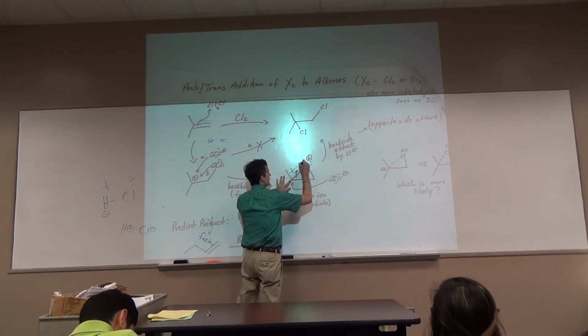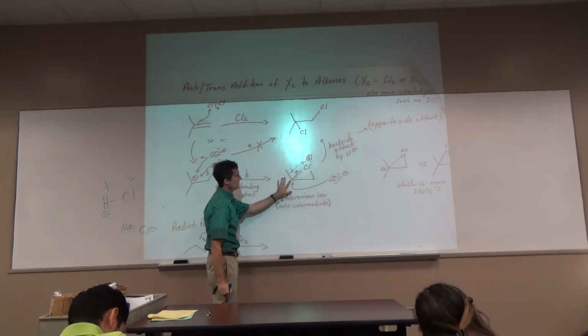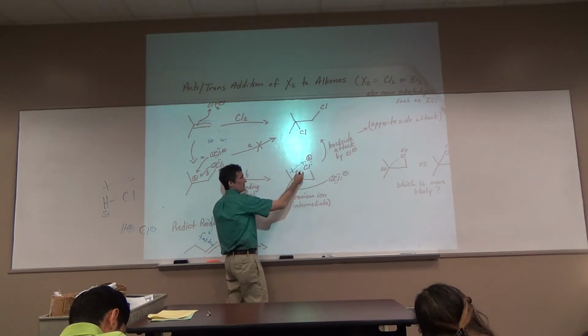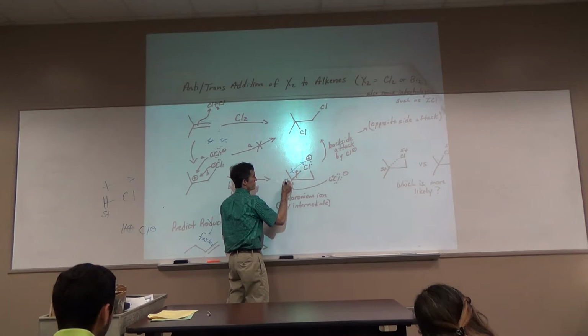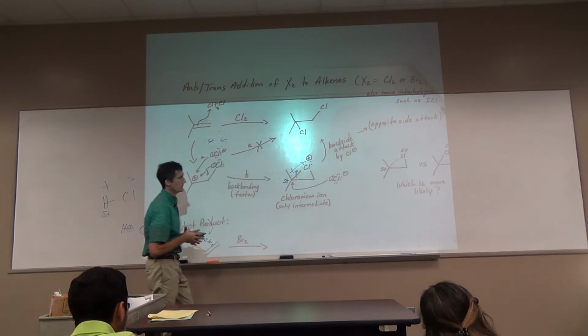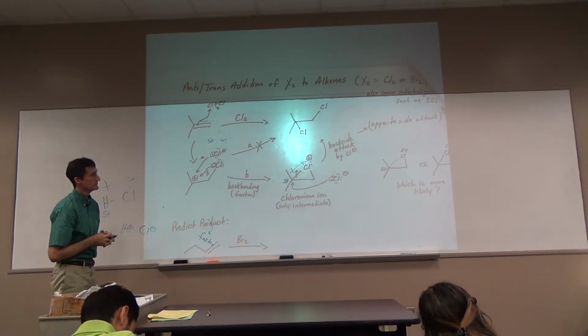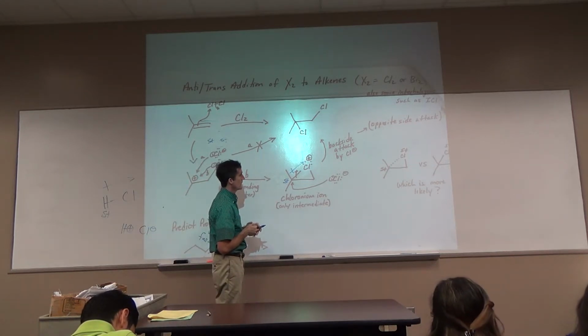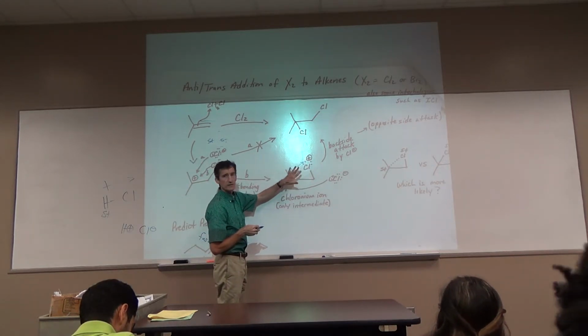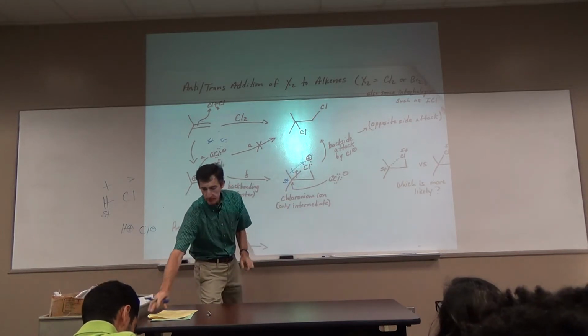We've got a dipole here. This chlorine is very electronegative. It's pulling. There's lots of partial plus here. And this is one of our standard mechanisms. Where have we seen this before?